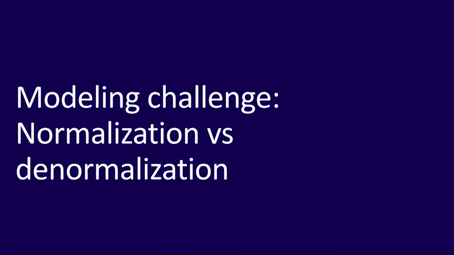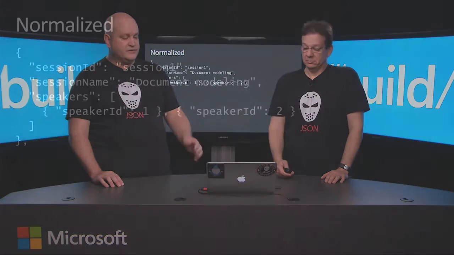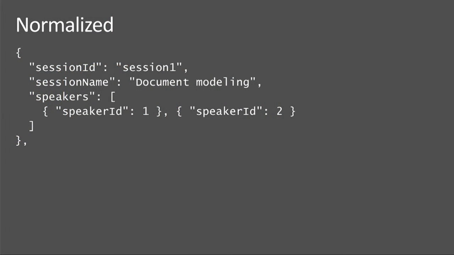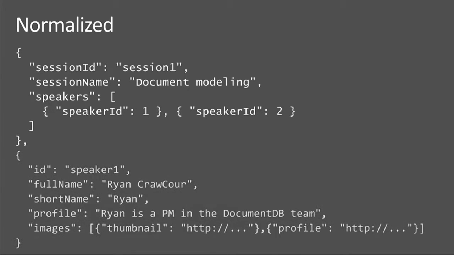Okay. So David's just talked about the combination of embedding and referencing and how there are no hard and fast rules, right? I want to spend a little bit and talk about normalization and denormalization and how there is also no hard and fast rule. So if we take a look at a normalized data model with references, it may look like this. I may have a session and then an array of just speaker IDs, right?